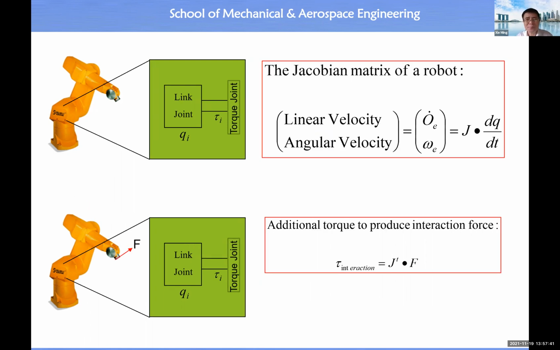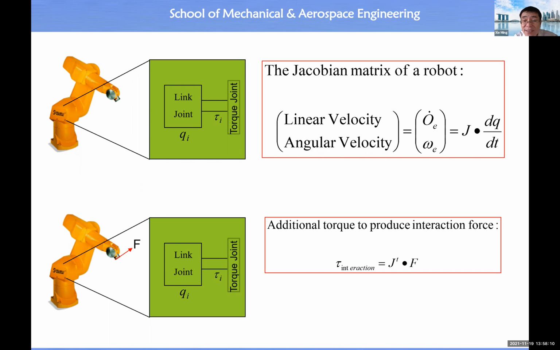All right. Then this equation shows you the motion kinematics. Because for the tool tip, we assign a coordinate system to it. Then for this coordinate system, we can talk about the linear velocity of the origin of the coordinate system assigned to the tool, plus the angular velocity of the coordinate system assigned to the tool.